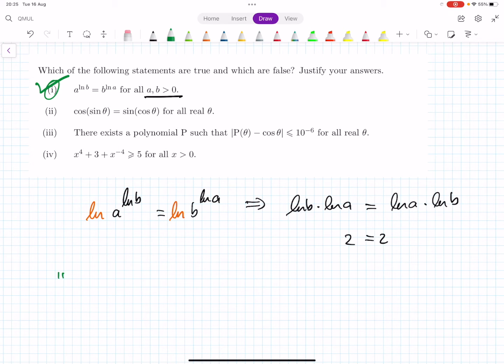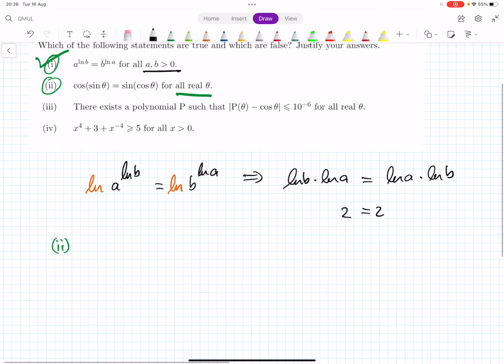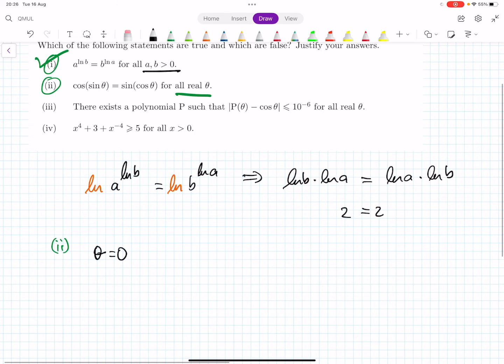And the second part: given that theta is real, would this equality hold for all real theta? If you'd like to pause the video here and try question 2, then we can go over it together. Right, so it's quite obvious that it is not true for all real theta, because let theta be 0 degrees.